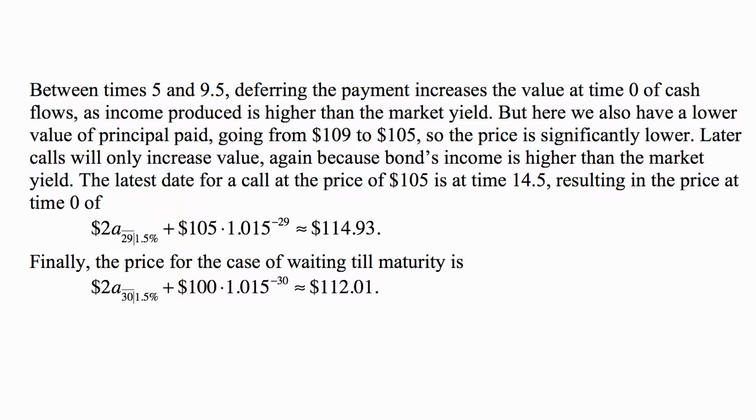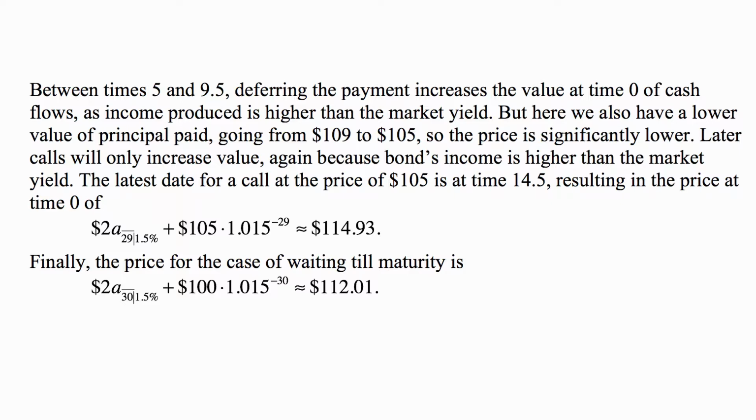And the latest date for a call at the price of 105 is at time 14.5, resulting in the price at time 0 of $2 discounted coupons for 29 periods at 1.5%. Now we're discounting all this at 1.5% because that's the yield we want to get, and we're trying to figure out all the possible outcomes and how much they're worth at 1.5%.